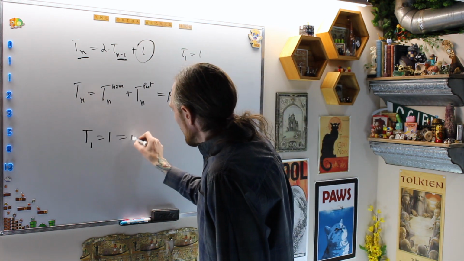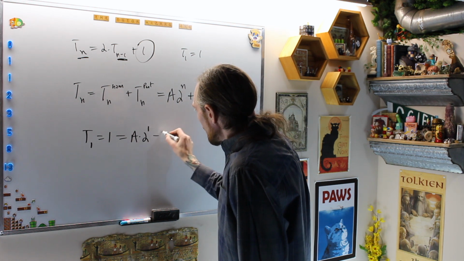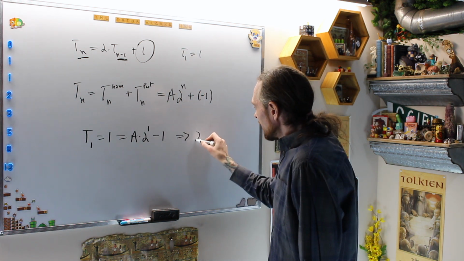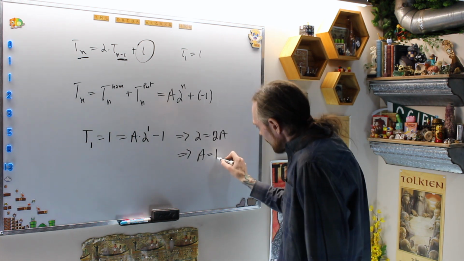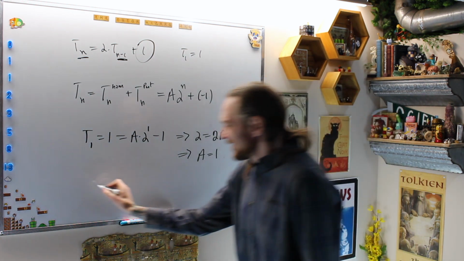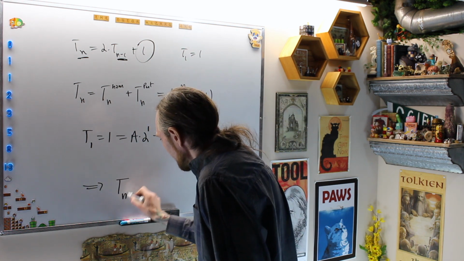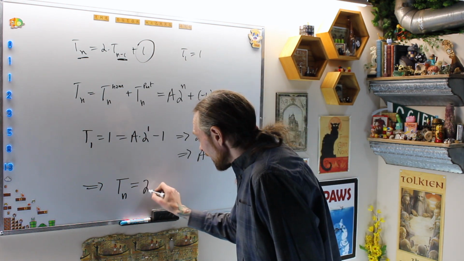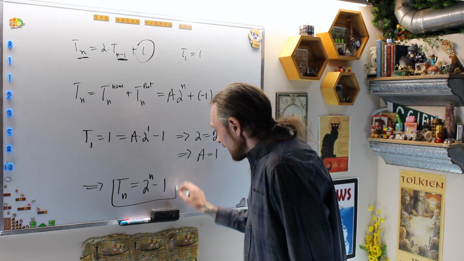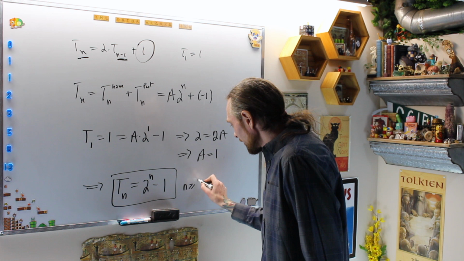T1 equals 1, which equals A times 2 to the 1 minus 1, which says that 2 equals 2 times A, or A equals 1. And this says that the Tower of Hanoi with n rings has the minimum number of moves being a Mersenne number, 2 to the n minus 1, for n greater than or equal to 1.